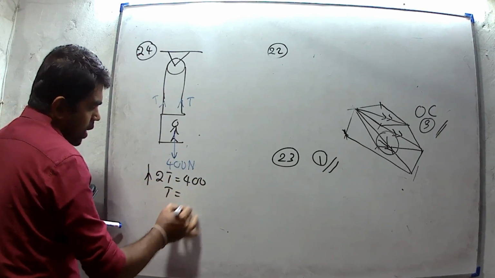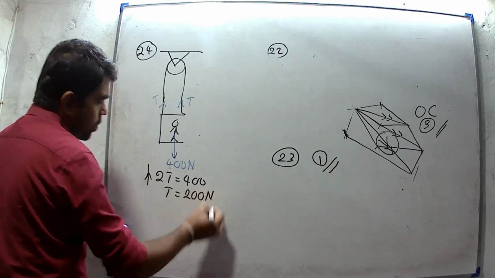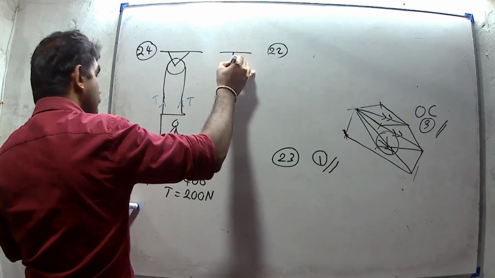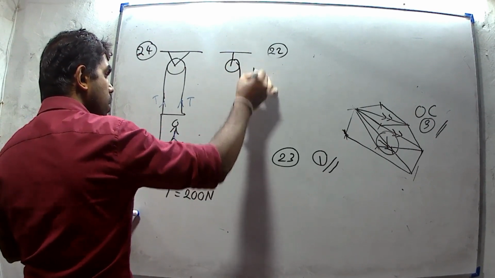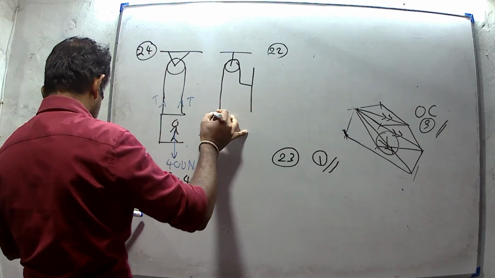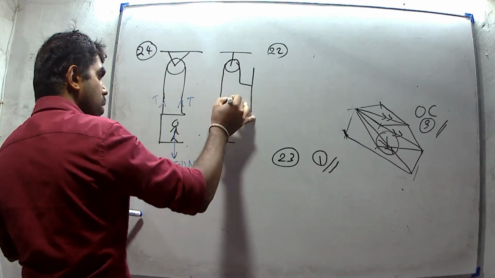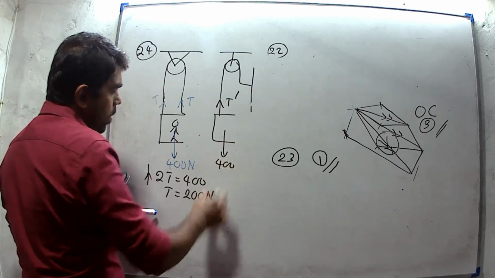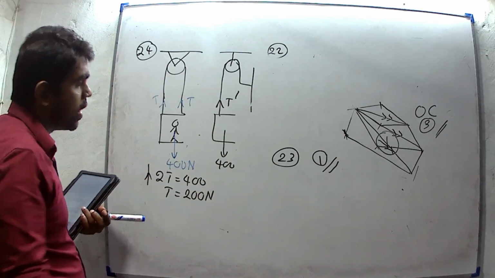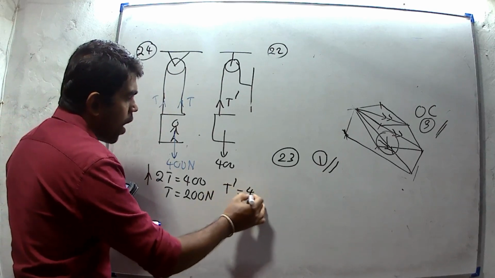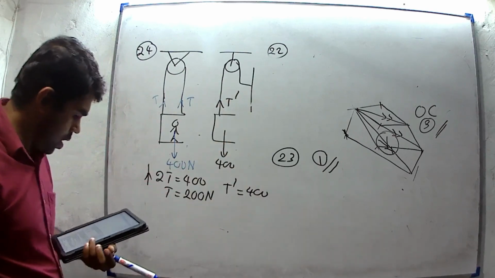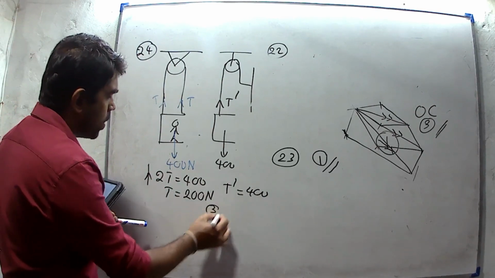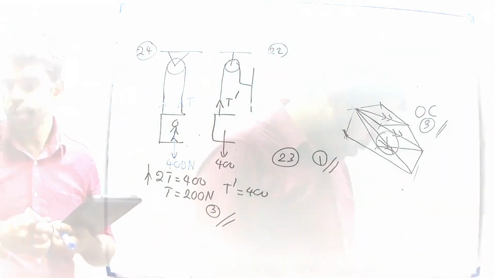T equals 400 divided by 2, 200 Newton. In the second case, the diagram is like this. Now this tension is balancing the total weight 400. Considering vertical equilibrium, T dash equals 400. Then 200 and 400. Answer 3 is correct for question number 24.